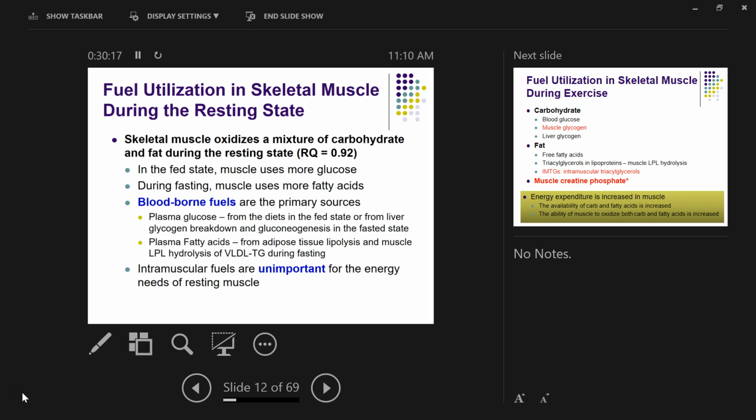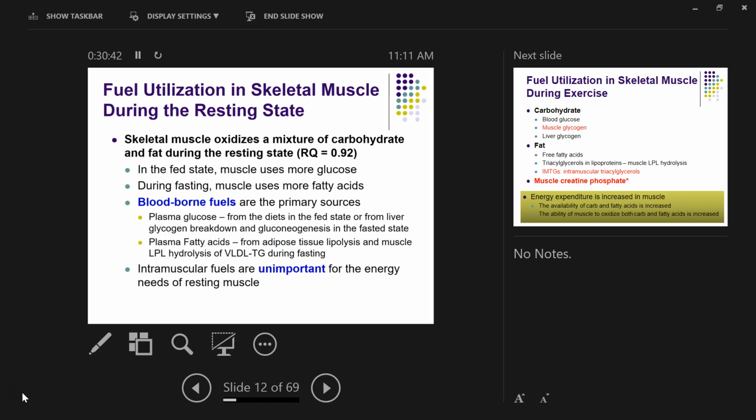During the resting condition, the blood-borne fuels are the most important energy fuels. Blood-borne fuels mean that the glucose or fatty acids that muscle gets are from the circulation.